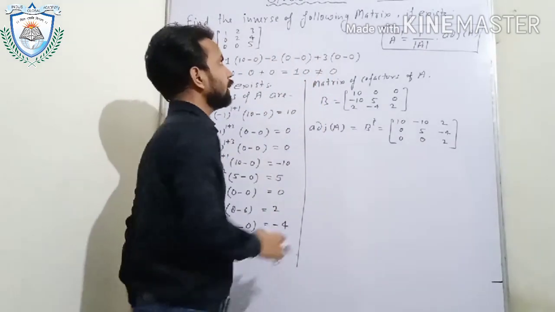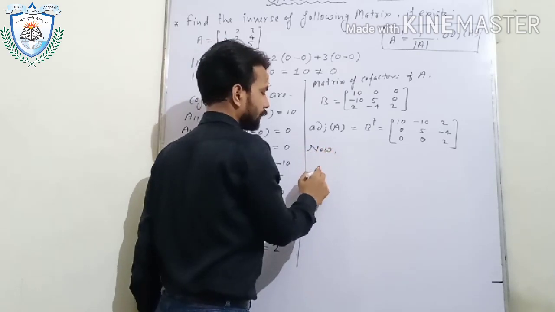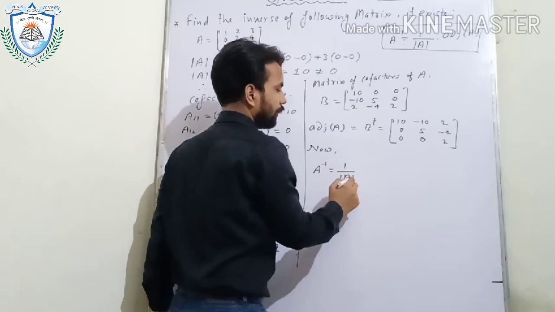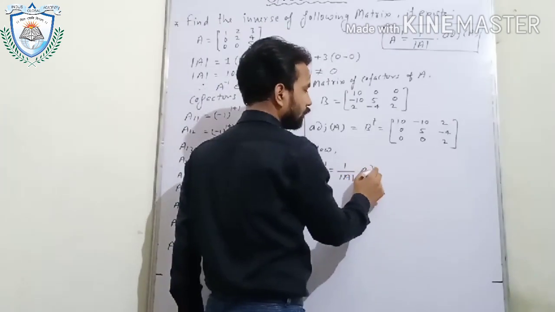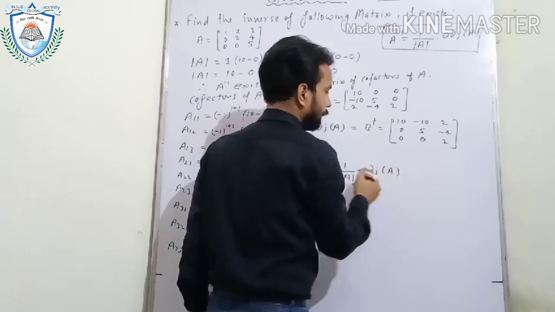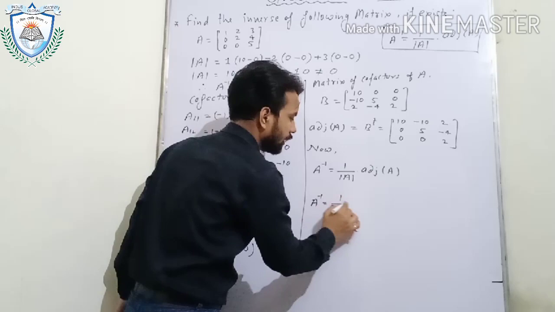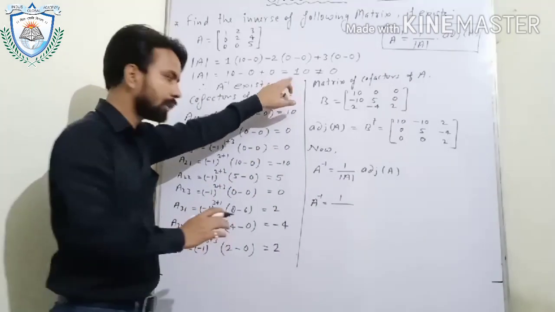Now we have to find A inverse. So now the A inverse formula is 1 upon mod of A, 1 upon determinant of A into adjoint of A. So A inverse equals 1 upon determinant of A. Its value is 10, we have already found out.